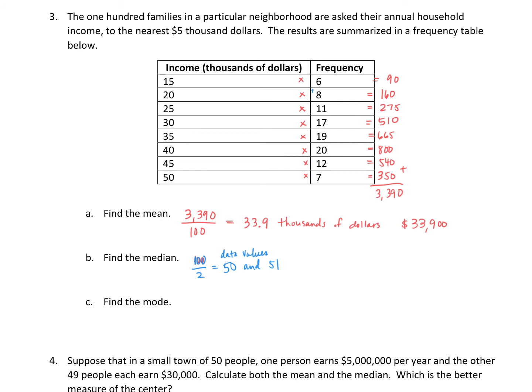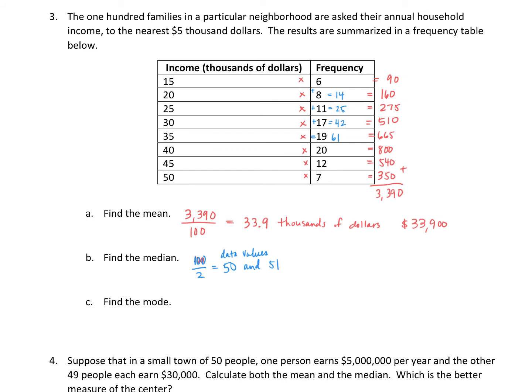So 6 plus 8 is 14. 14 plus 11 is 25. 25 plus 17 is 42. Okay, 42 plus 19 is 61.